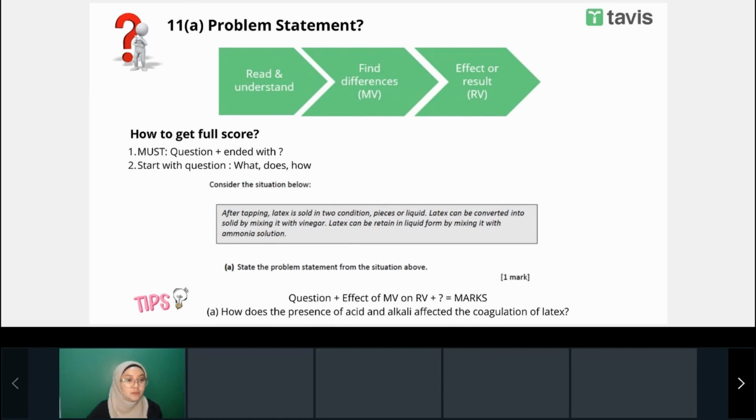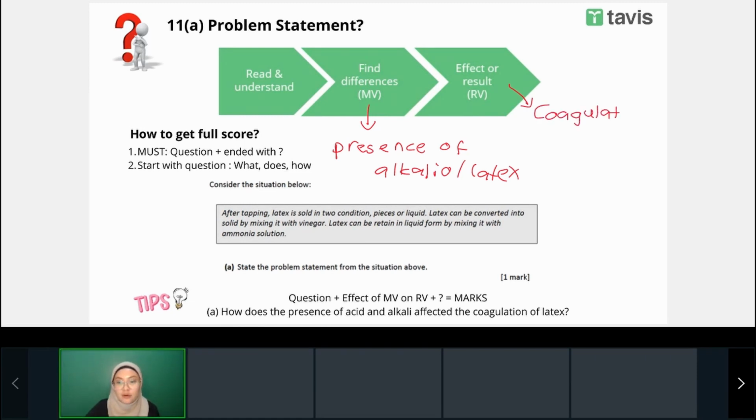You know that the MV that you find is the presence of acid or alkali, and the responding variable is the coagulation of latex. So just put in: how does the presence of acid and alkali, which is the MV, manipulated variable, affect the coagulation of the latex, the responding variable.